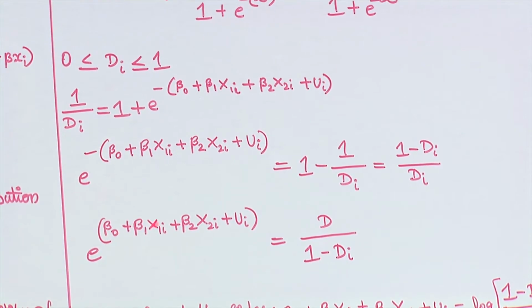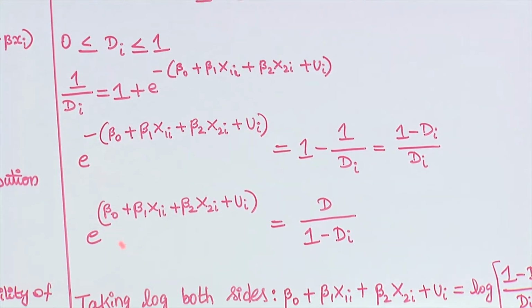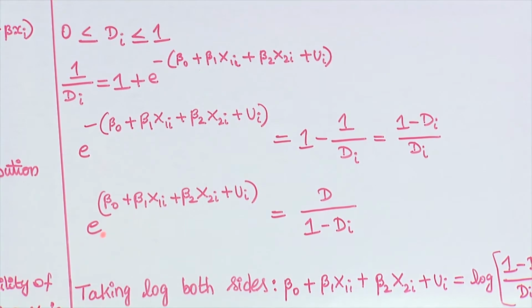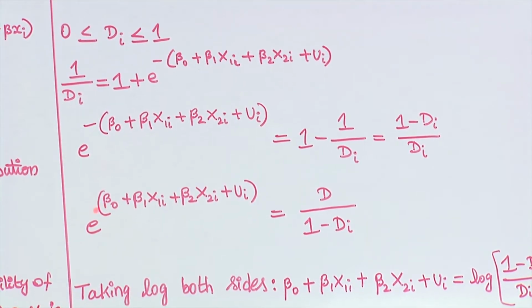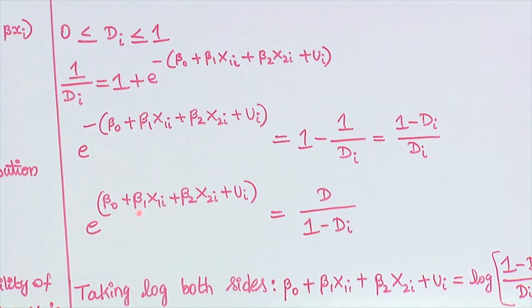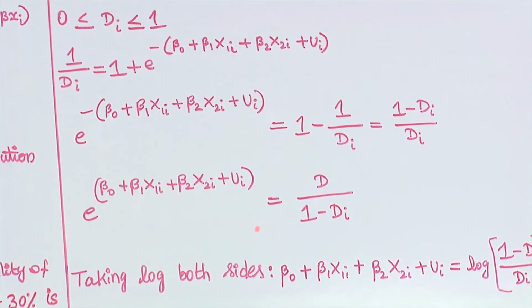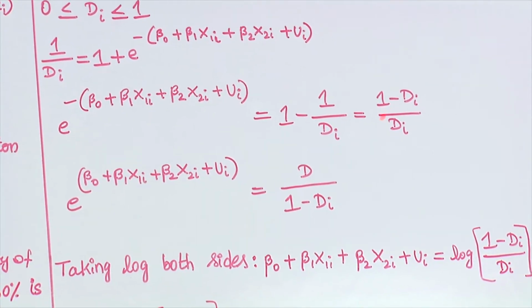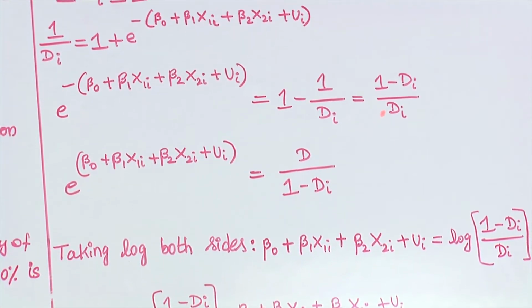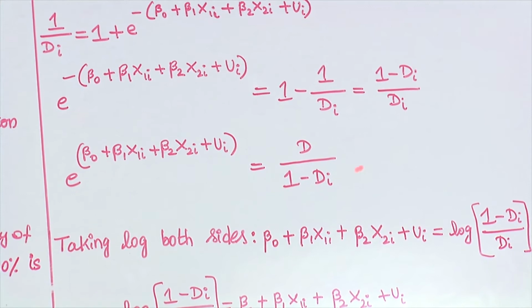Now, we can again take the multiplicative inverse, we get e power plus (beta 0 plus beta 1 x1i plus beta 2 x2i plus ui) is equal to the reverse, actually the multiplicative inverse, that is Di by (1 minus Di).